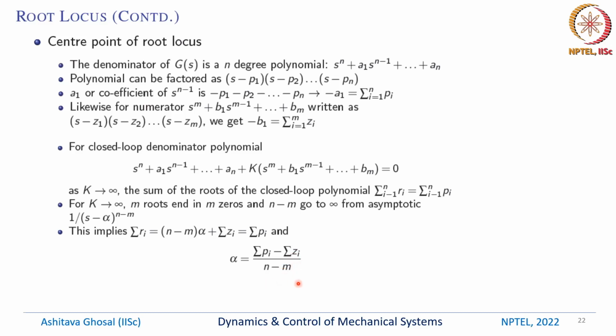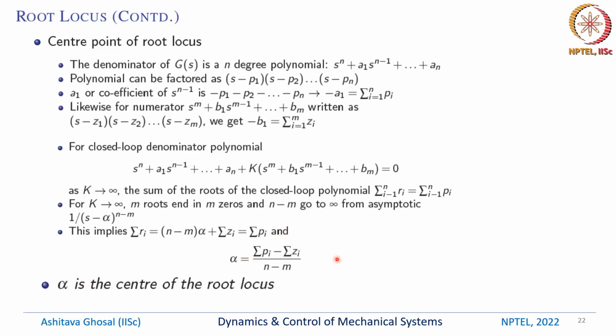Okay, so m of them go to the zeros, n minus m go to infinity, and these radial lines which go to infinity start from this quantity alpha. So alpha is the center of the root locus.